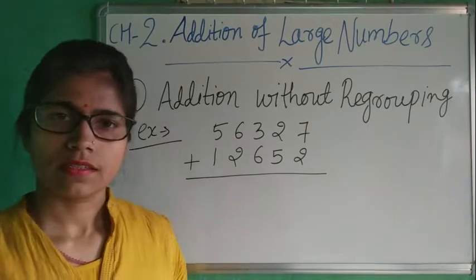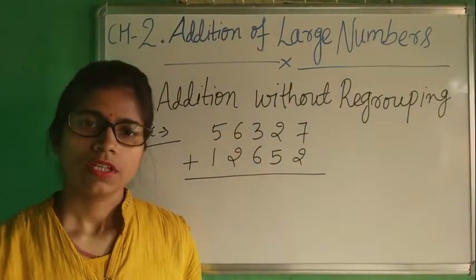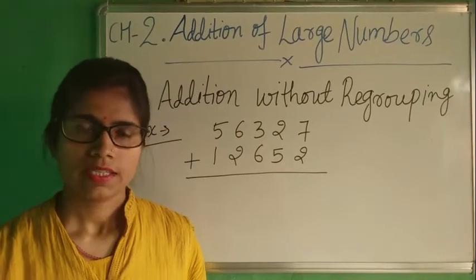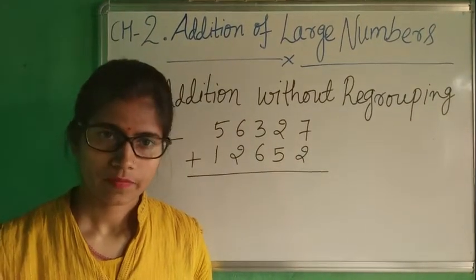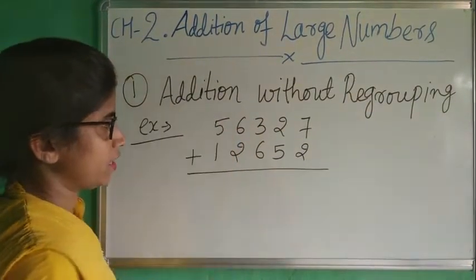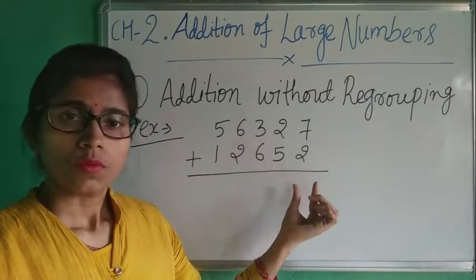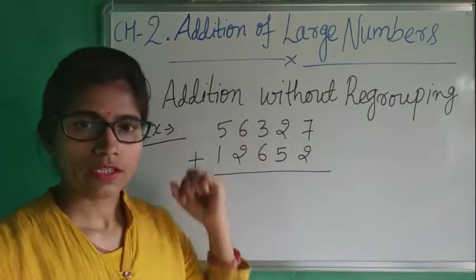If this is the example, addition without regrouping means there is no carry. How? First of all, I have arranged these 2 numbers according to the place value.